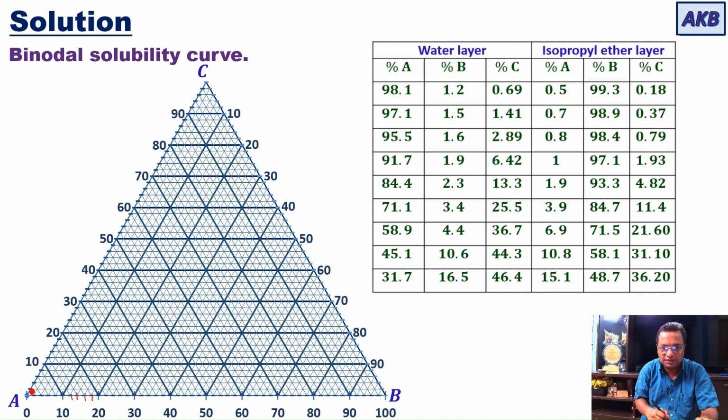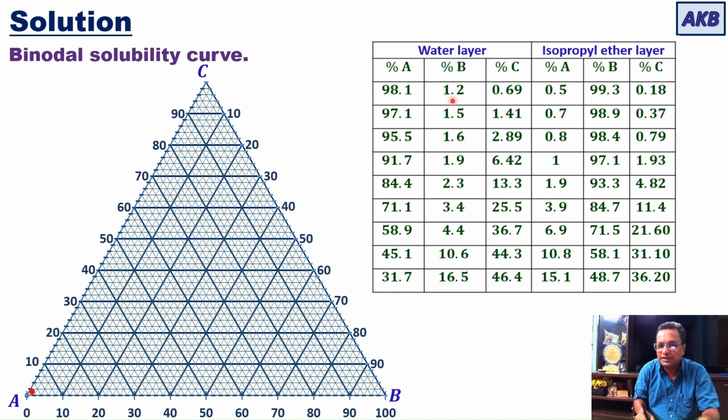I have used the scale where one small division is equal to 2%. So in that way, 98.1% of A in the water rich layer will be represented by this point, the point that is lying on a line close to the line of 98%, which will represent 98.1%.